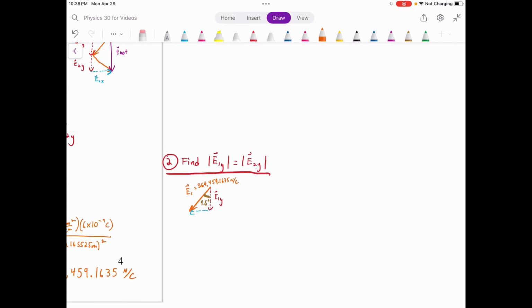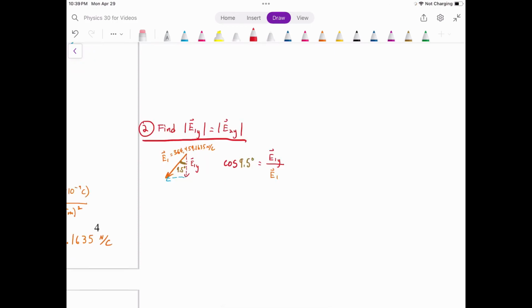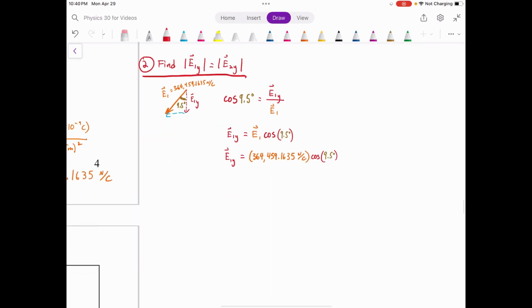So we can see here that would be adjacent to the 9.5 degree angle. We have the hypotenuse. We calculated that in the previous step. So adjacent, hypotenuse, that sounds like a job for cosine. So the cos of 9.5 equals electric field from 1's y component over the electric field from 1 itself. And therefore its y component is just going to be its electric field times the cosine of 9.5 degrees. Okay, and we've got the electric field magnitude. We calculated that in the previous step.